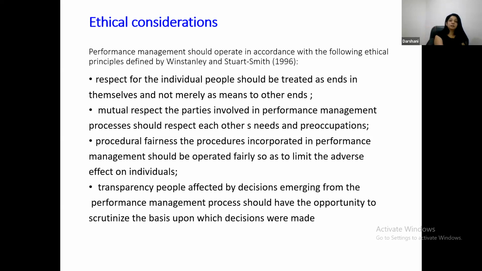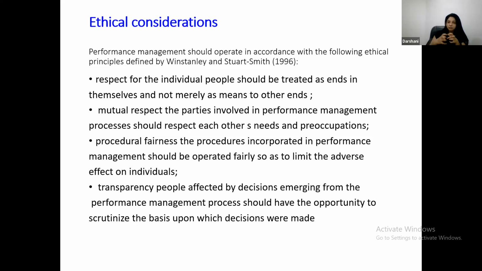Mutual respect: the parties involved in performance management processes should respect each other's needs and preoccupations. What do you mean by preoccupations?